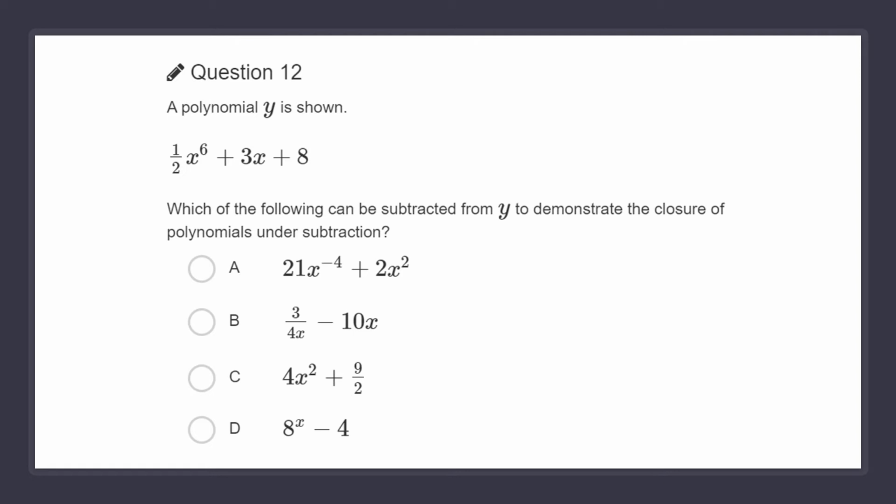So you want to go through your list of choices and find the one that is a polynomial. If you don't remember what a polynomial is, it is one of the things that we did on the very first day of notes. Polynomials had to have exponents that were whole numbers.